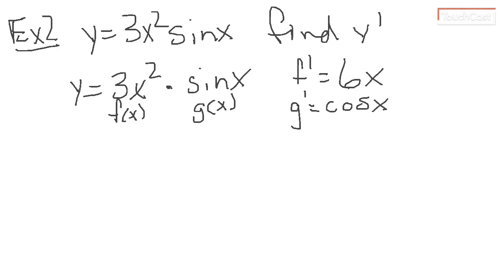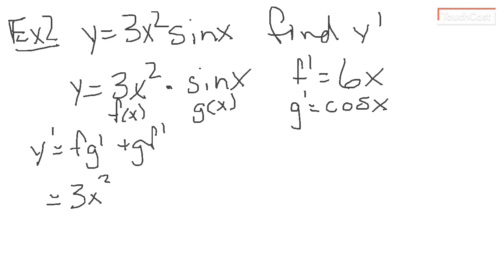And based off of the product rule, theorem 2.7, y prime is going to equal f times g prime plus g times f prime. So let's just plug in what we've got. Well, f, we're going to call that 3x squared. G prime we know is cosine x. Plus g we know is sine x, times f prime, which is 6x.